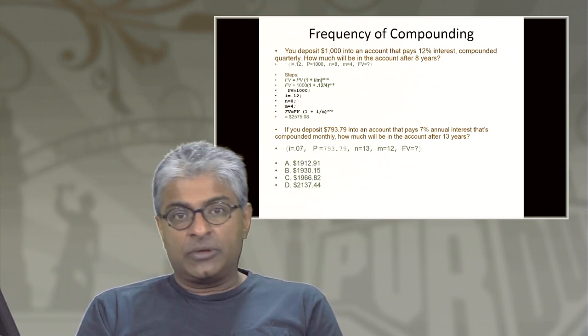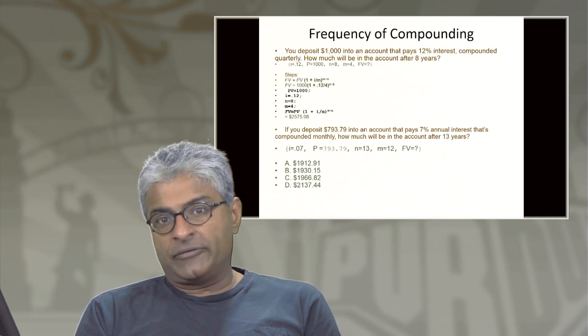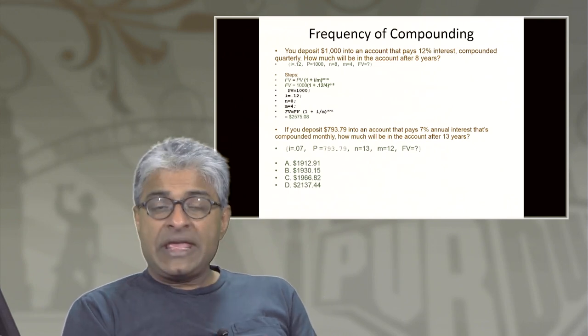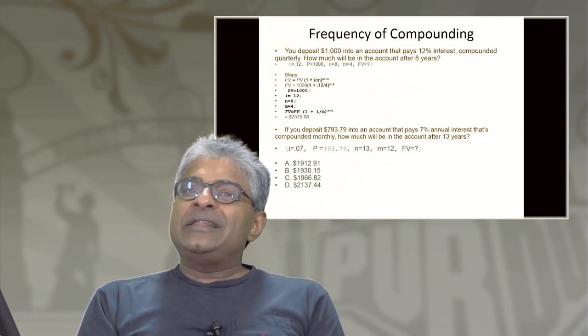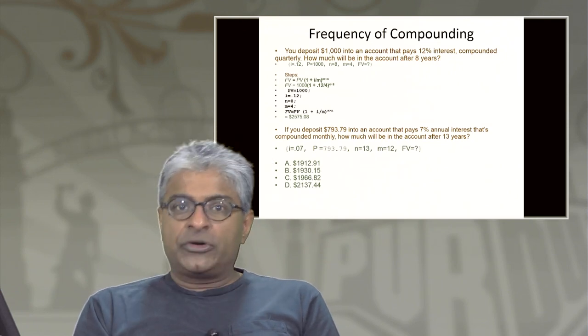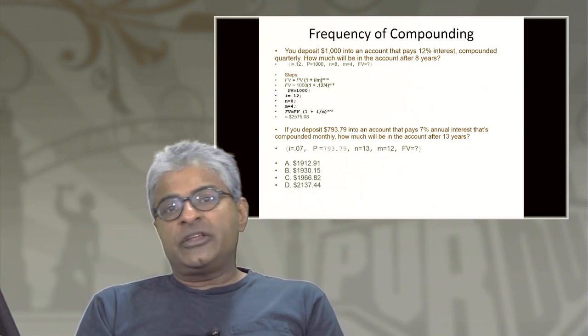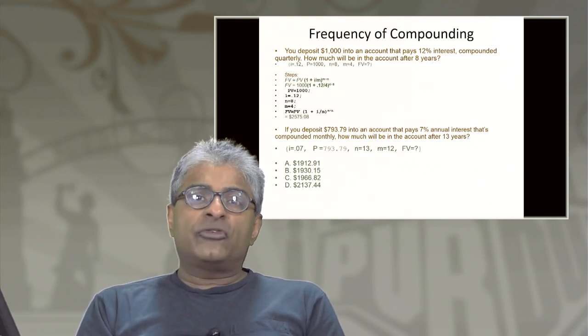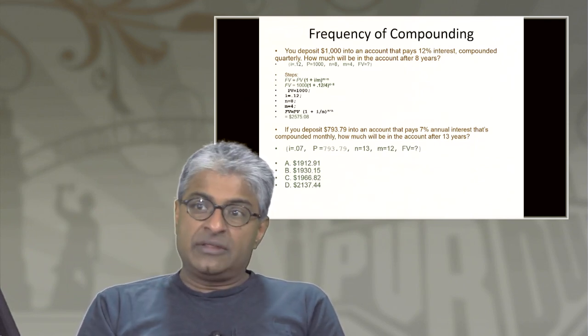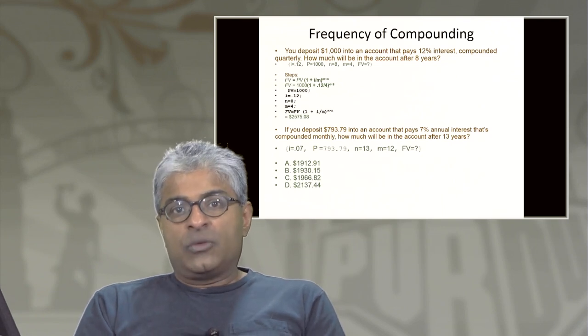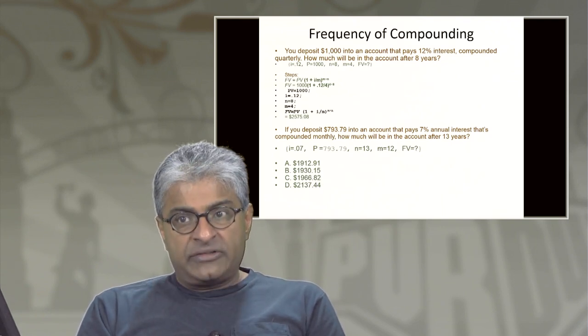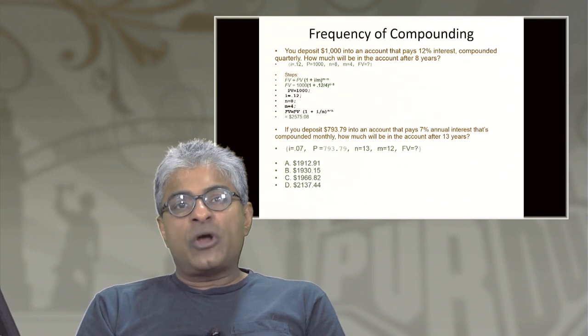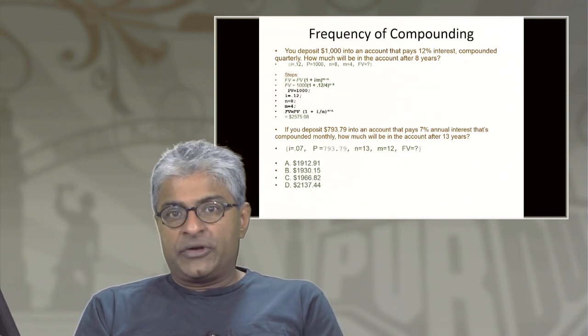It was a 2-year problem, 5-year problem, n was 2 or 5 or whatever. Here, you have to pay a little bit more attention to accurately adjust two things. One is, what is the effective interest rate per period, and what are the number of effective periods involved in the problem? What is the effective number of time periods, and what is the corresponding interest rate per period?